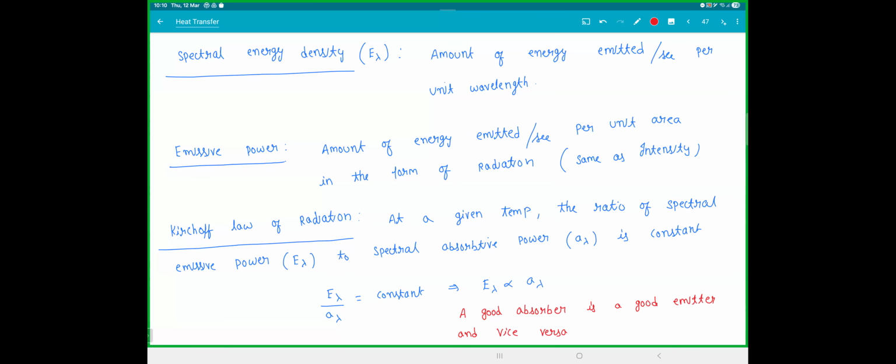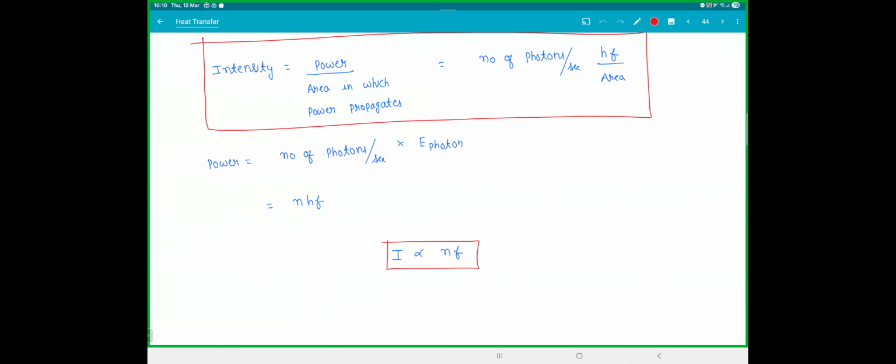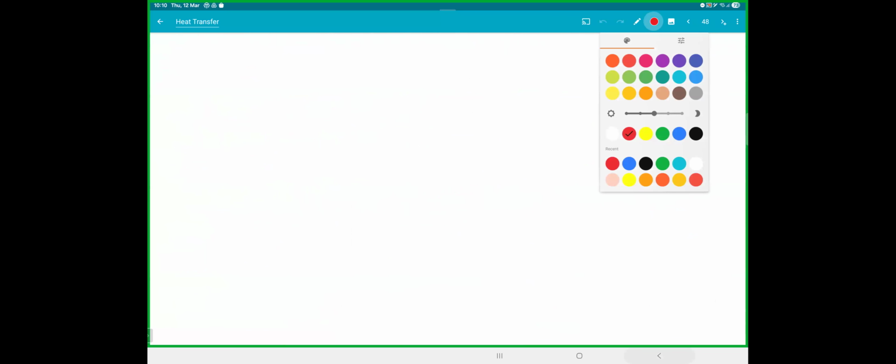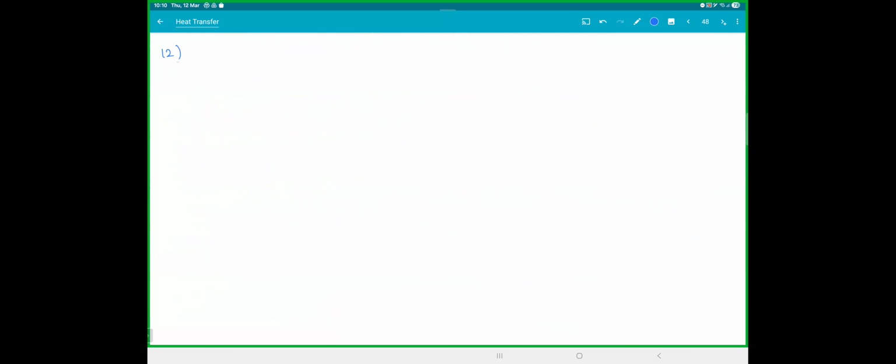Yeah, let's see a theoretical question on this. You took a black body and a normal body of the same dimensions, placed in a hot furnace.